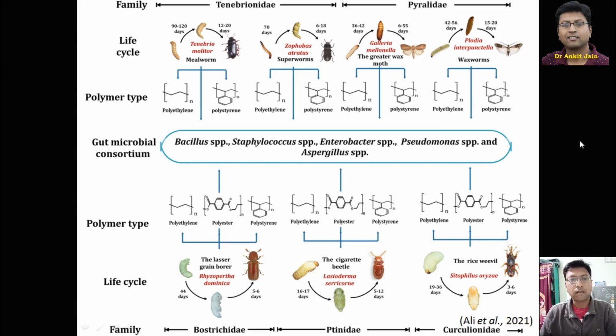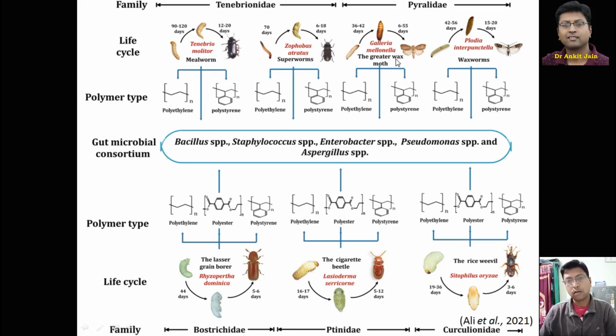These families are involved in plastic degradation, and they have gut microbes like Bacillus, Staphylococcus aureus, Enterobacter, Pseudomonas, Aspergillus, etc. And these are involved in degrading different plastics like polyethylene, polystyrene, like that.